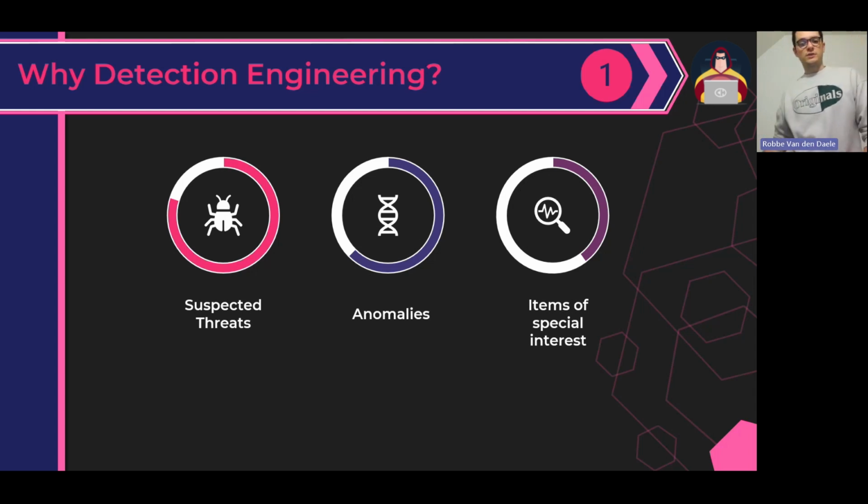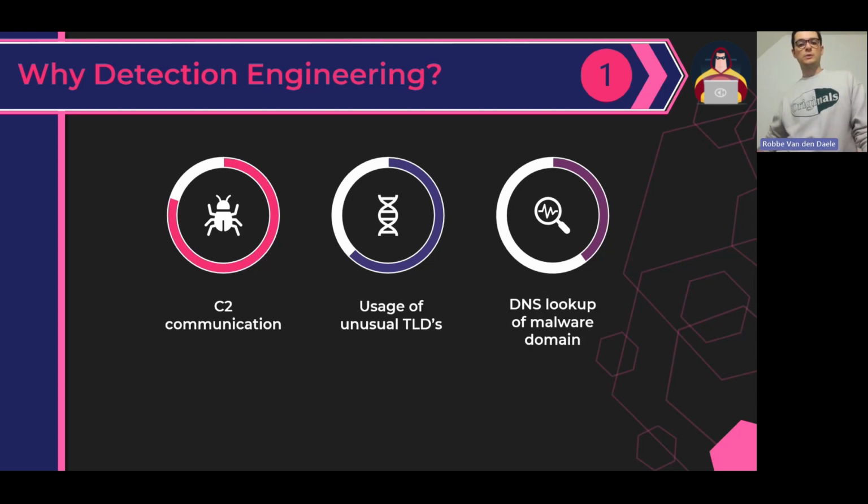Examples: for a suspected threat, C2 communication. Anomalies might be usage of unusual TLDs, so not a real threat, but something very suspicious. And the third example is DNS lookups of malware domains, which is a very specific case you want to detect.